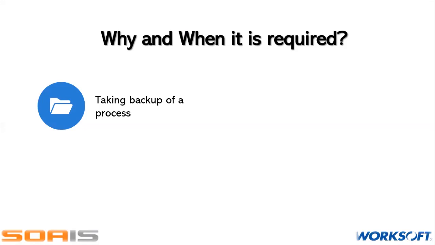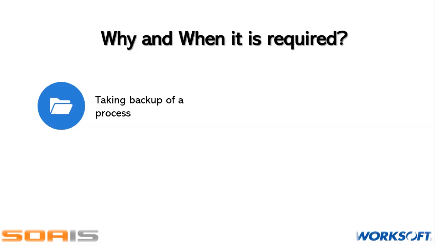After that, another guy changes something, and that was not required. At that time we think that if there is a backup, then we can rectify that unwanted modification, right?